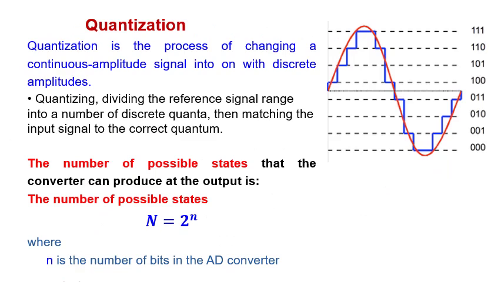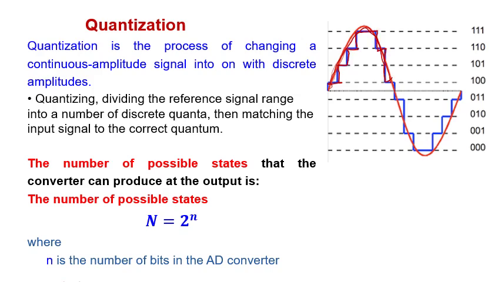Quantization is the process of converting the continuous signal, which is the analog signal, to discrete amplitudes, discrete values. This value is analog. Instead of having a continuous change, or a continuous value, we are going to put out of it a discrete value, a certain value, another value.